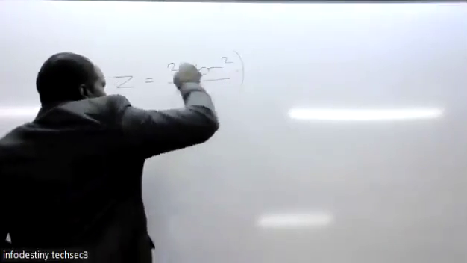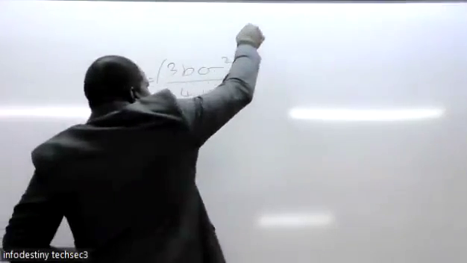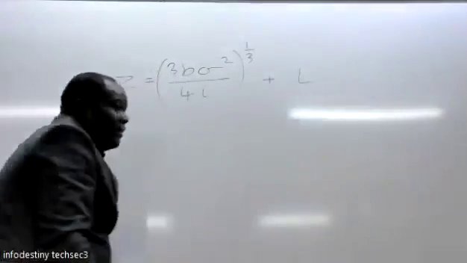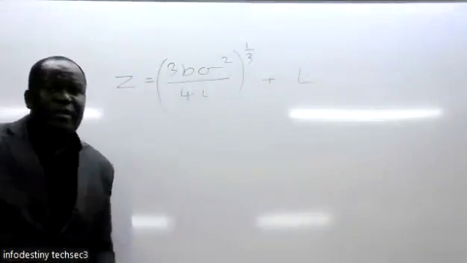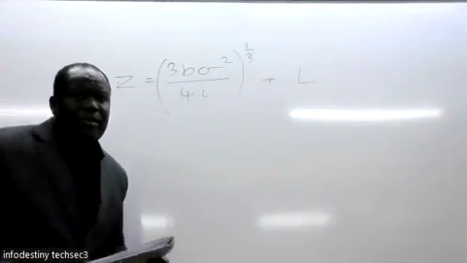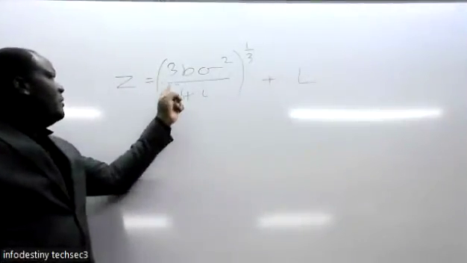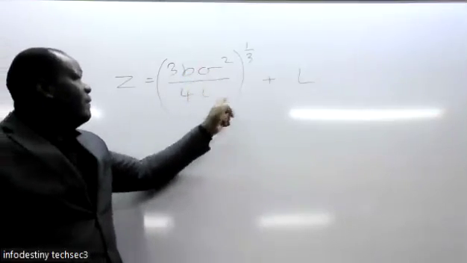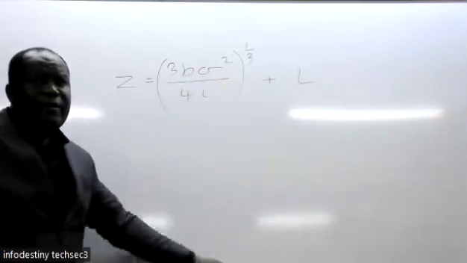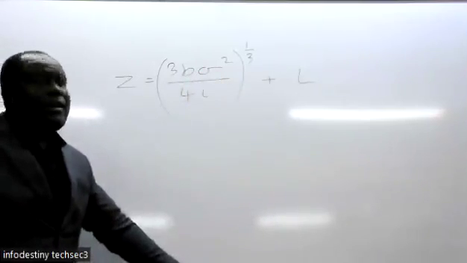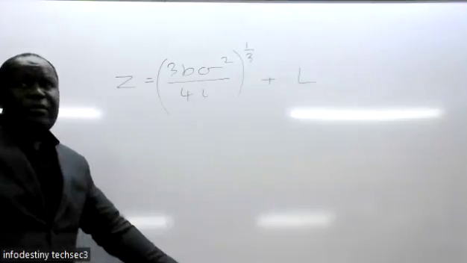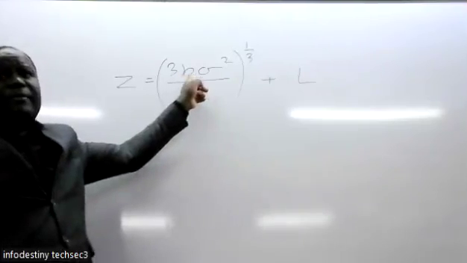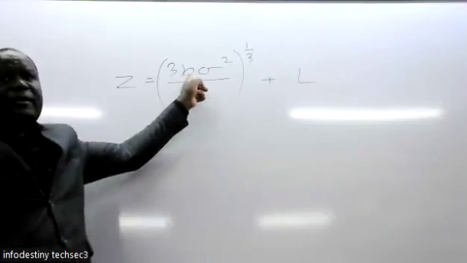Then we add L. So the optimal cash balance equals 3B times variance, divided by 4I, all of which is raised to the power of 1/3, then we add L. Where this B is the transaction cost per transaction.